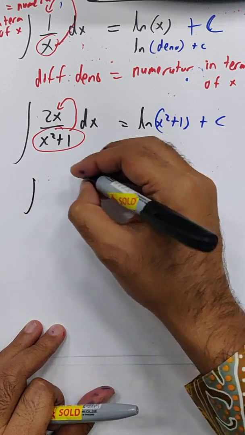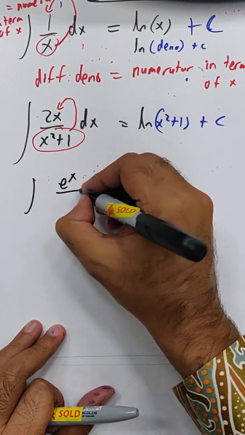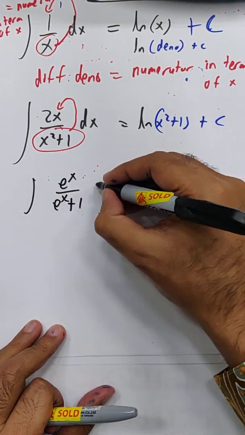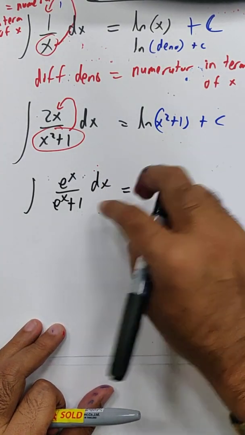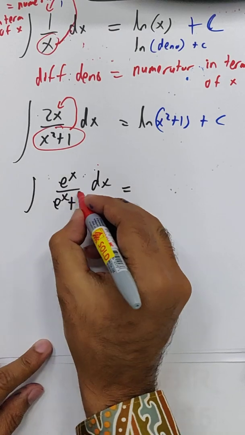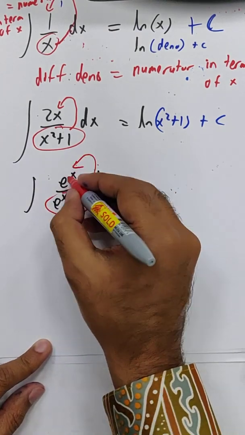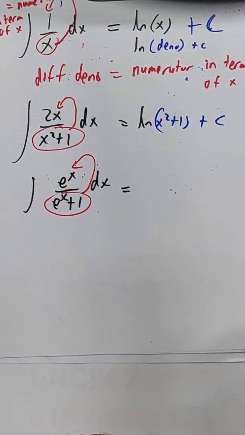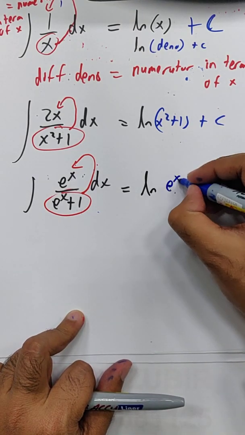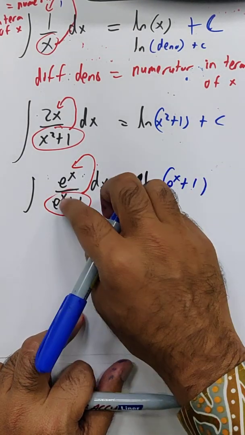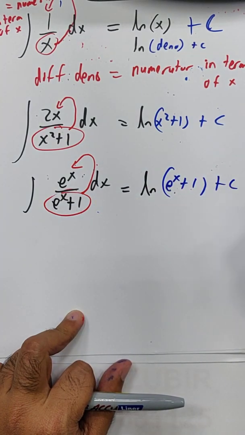You can go even more. e^x over e^x plus 1 dx. If I differentiate the denominator, I get myself e^x. So ln e^x plus 1, the denominator, plus c.